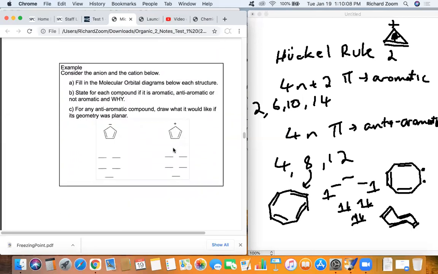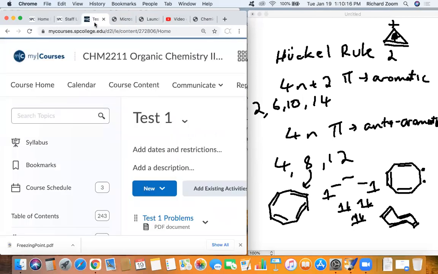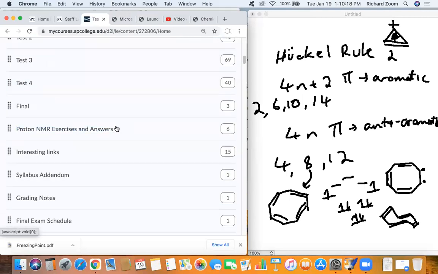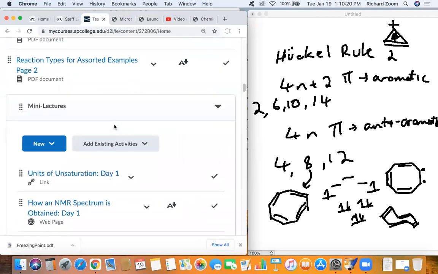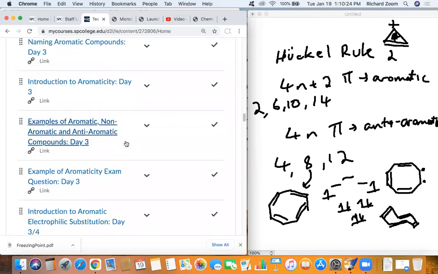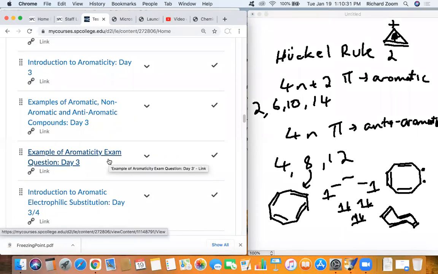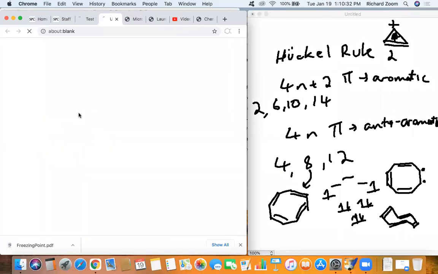So here is an example. Actually, I think there's one other thing I wanted to go through here. Yeah. Here we go.